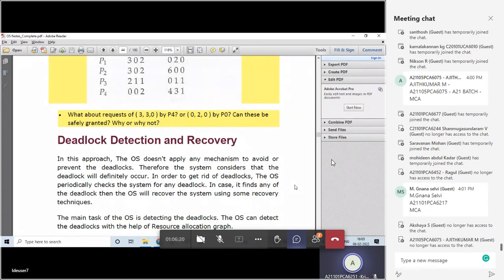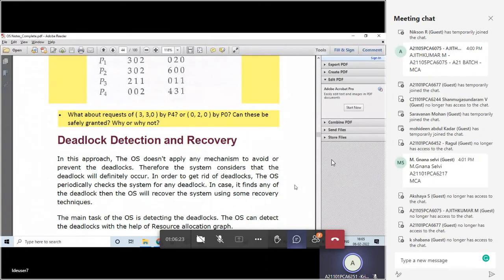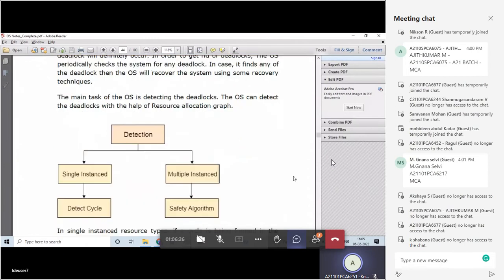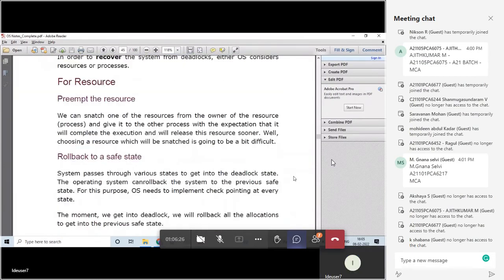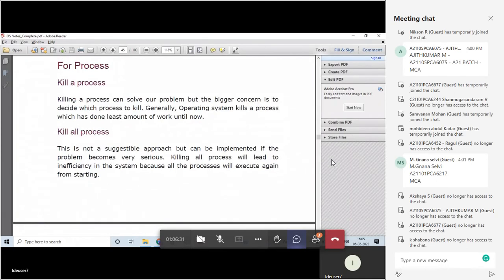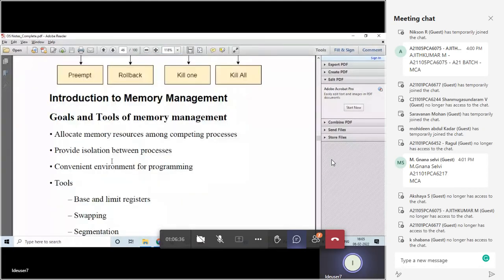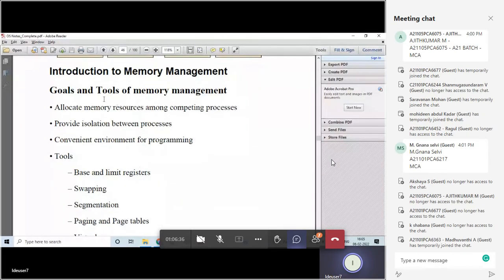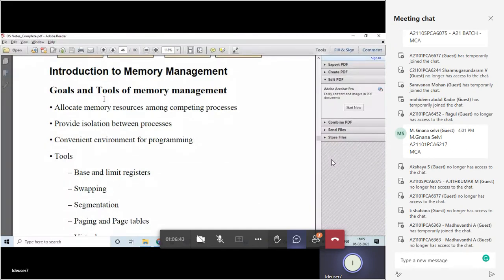Students, shall we pass on to the next concept? Yes ma'am. So deadlock detection and recovery is again the same concept that you can study: preempt, roll back, and kill a process, kill all processes like that. Then the next concept is the introduction to memory management.